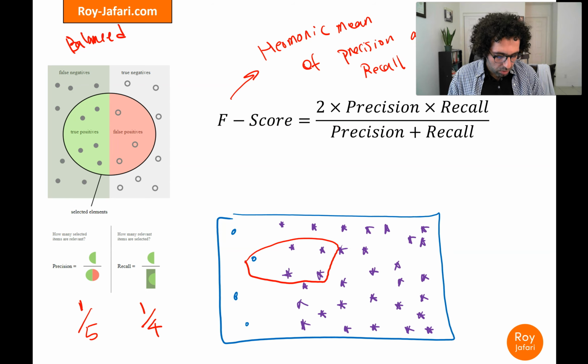Now the recall and precision: this one only matters about the number of positives, and this one only matters about the number of selections.